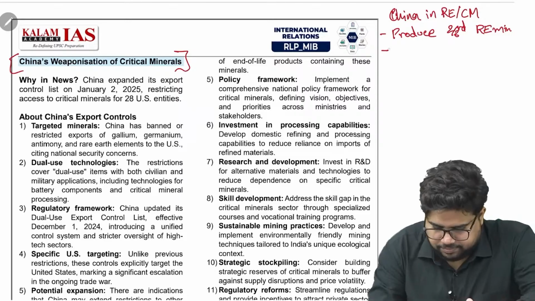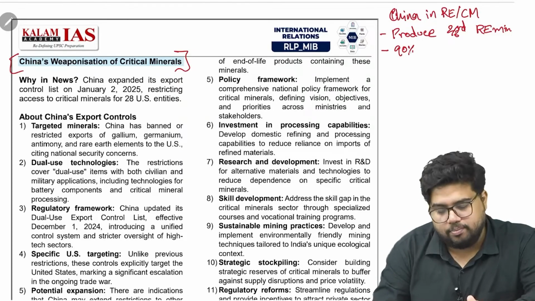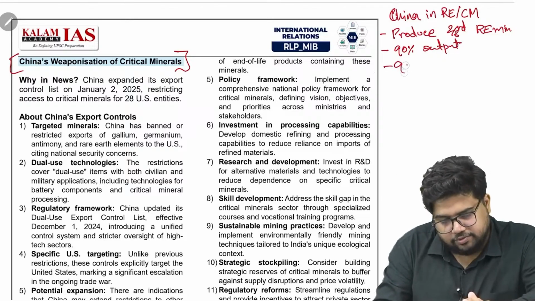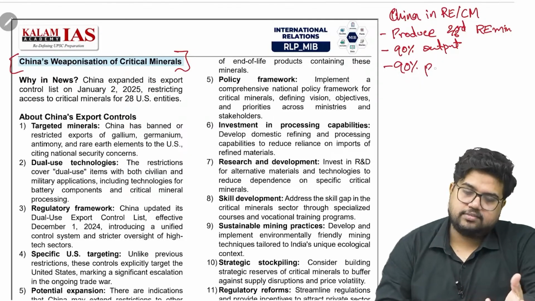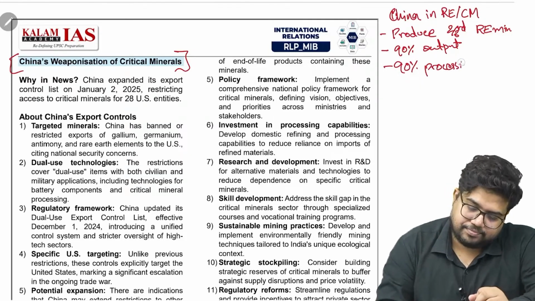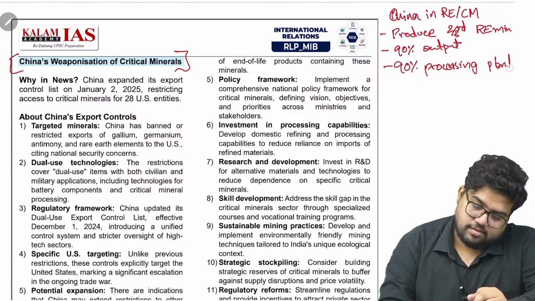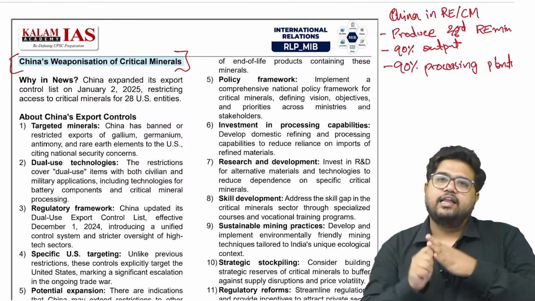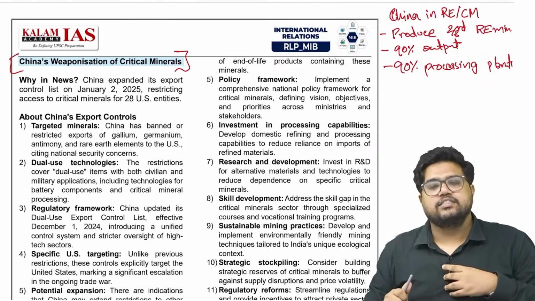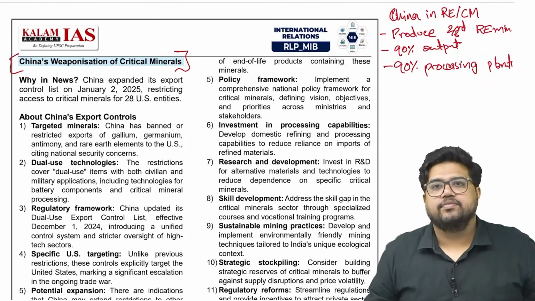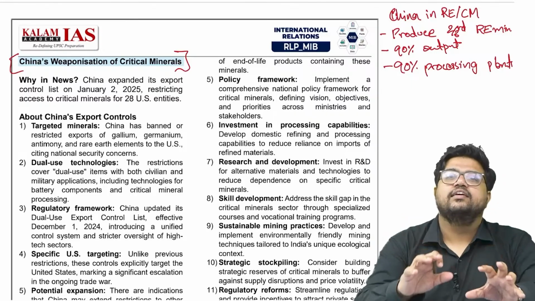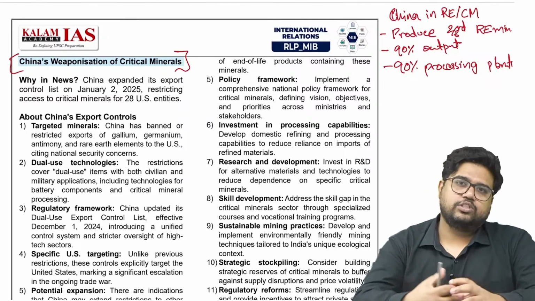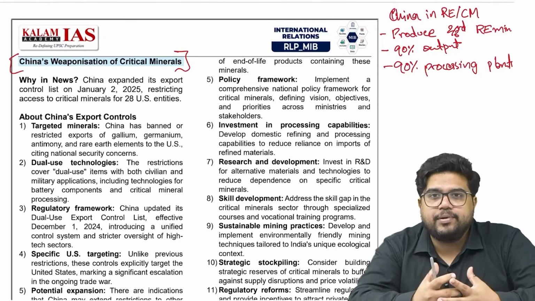It produces 90% of global rare earth output. 90% of global rare earth post-processing plants are in China. So it mines 2 by 3rd, it produces 90%, and for post-production processing, 90% of the global plants are based in China. So you can see how strongly this supply chain is linked to China. Literally the globe cannot function without China, and China is actively weaponizing this.